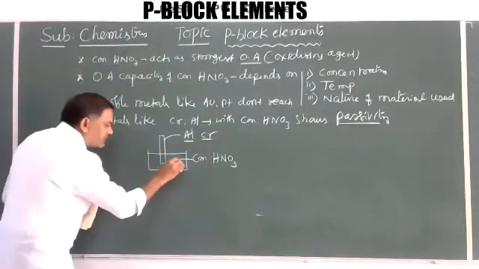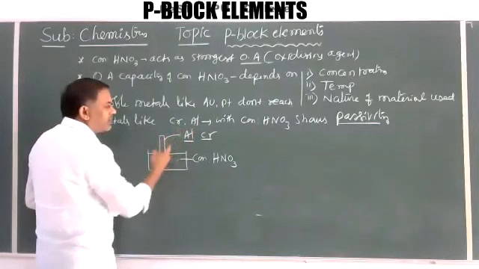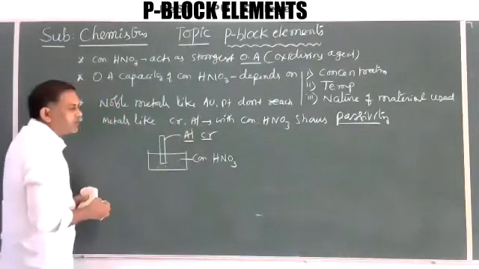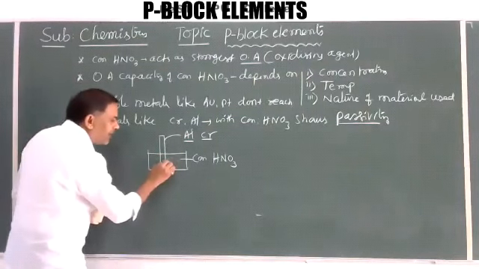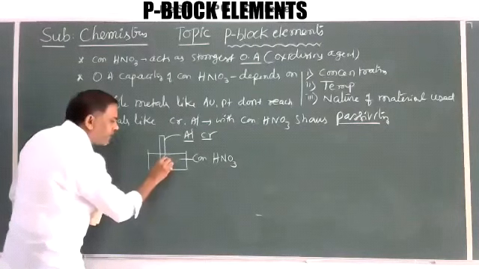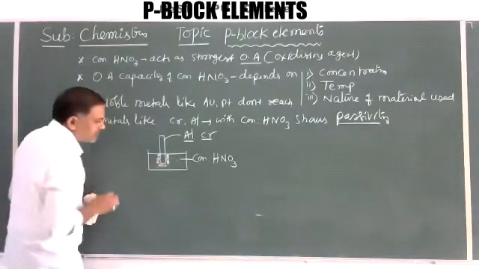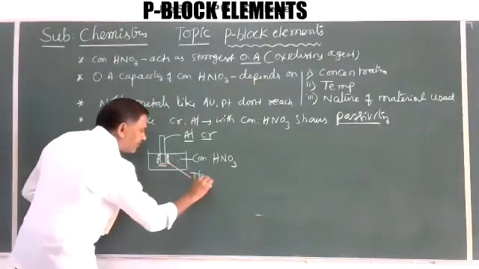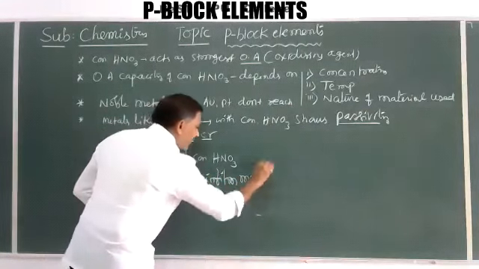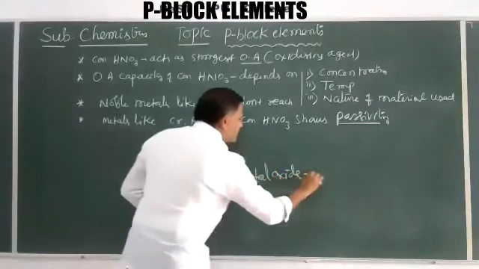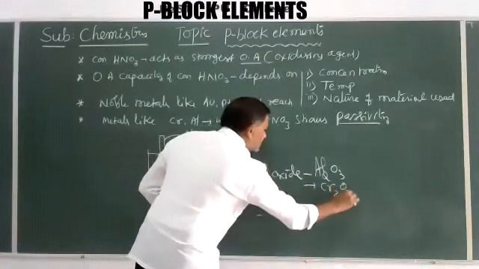Here it acts as an oxidizing agent. Generally, aluminum and chromium do not show any chemical reaction with this. Passivity means chemically inactive. That is due to the formation of a thin film of metal oxide on the surface of this aluminum or chromium. This thin film metal oxide is Al2O3, or if it is chromium, Cr2O3 is formed.